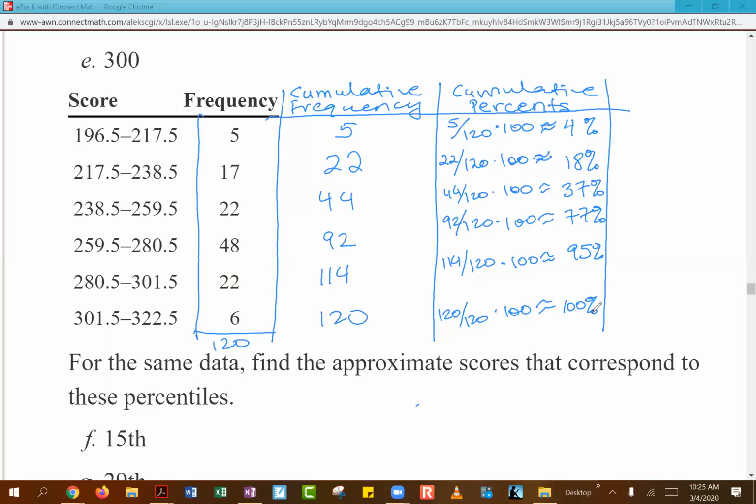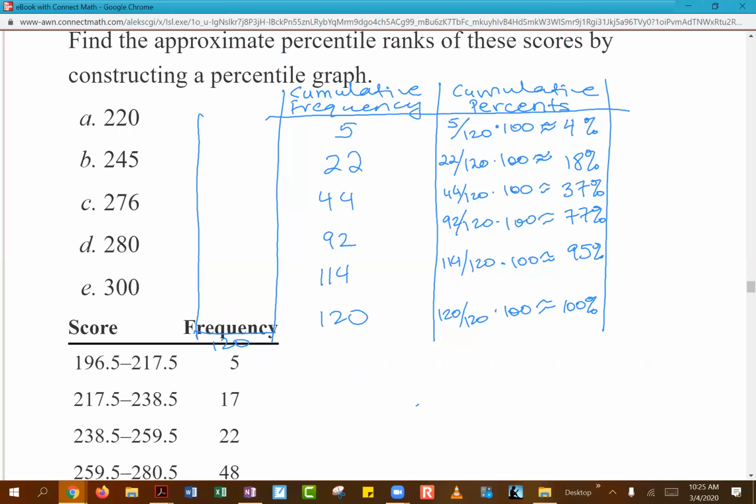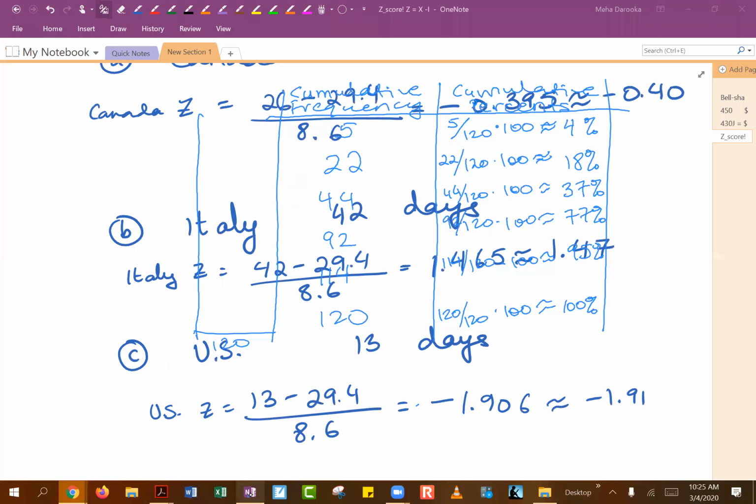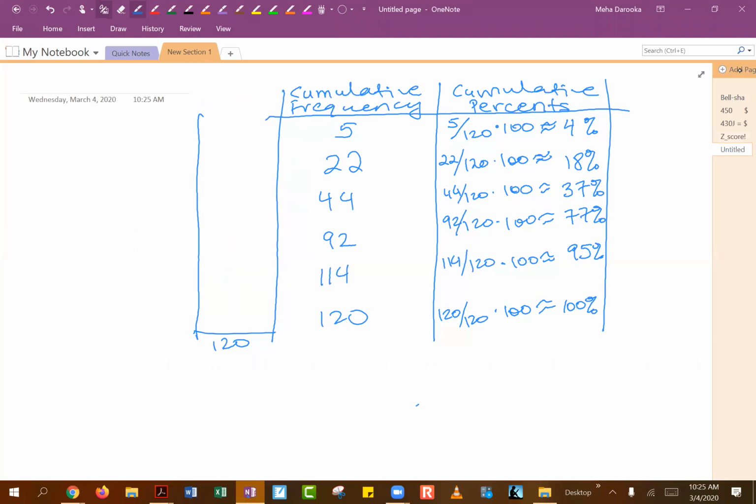So let's try and see if we can wrap this guy. Basically, you're doing an ogive. Number 19.